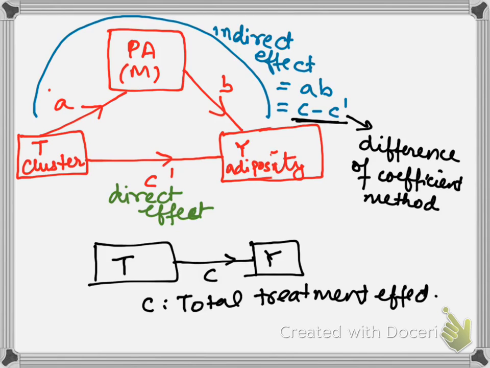When you estimate it, you are going to get the indirect effect estimate as C hat minus C prime hat in the linear case, and that should be equal to A hat B hat, the product of coefficients method.